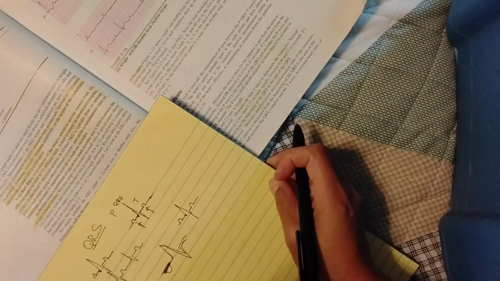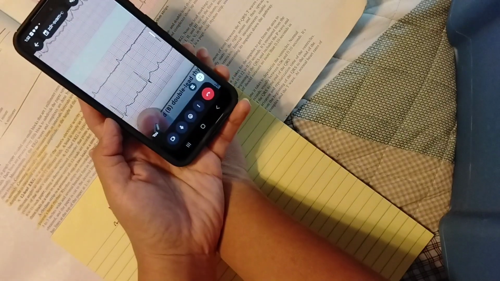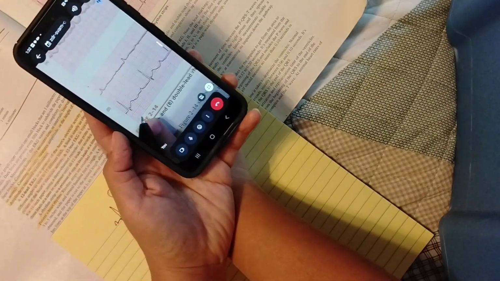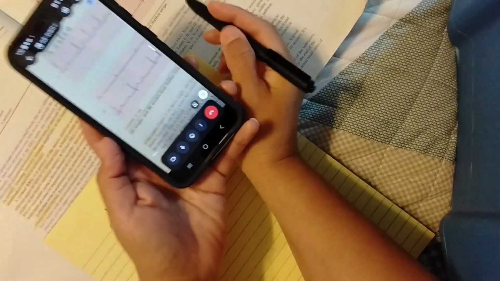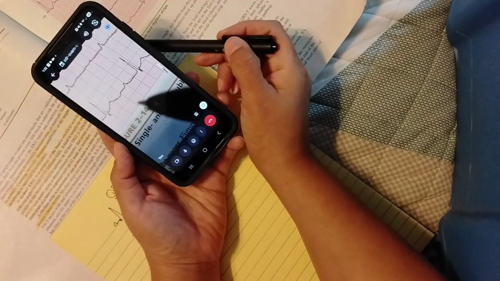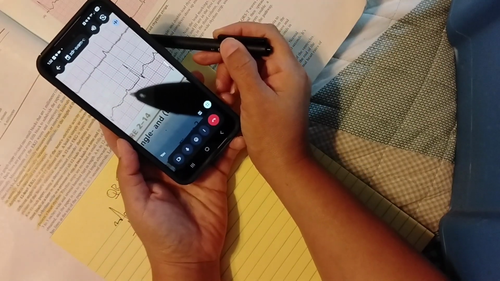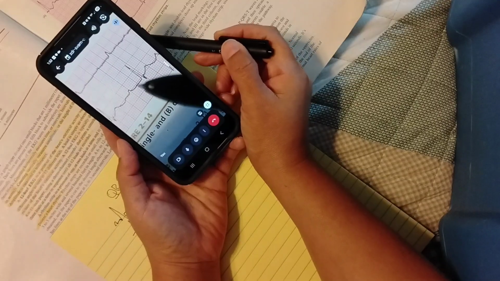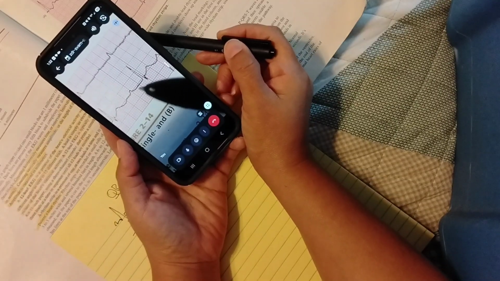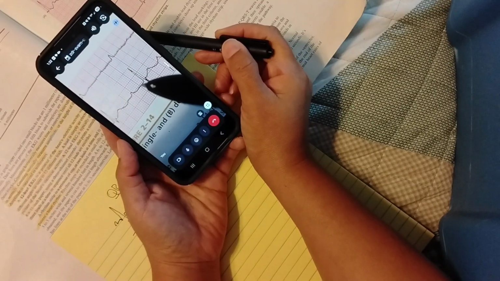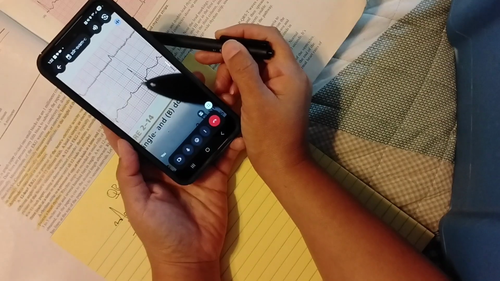Okay. Anyways, the way that they start measuring on the EKG is the little blocks. You see the little blocks that are right here? That's how they start to measure. So this one, the P wave, is way too long. It's supposed to be very close to the QRS. If it's too long, then there's probably a problem.